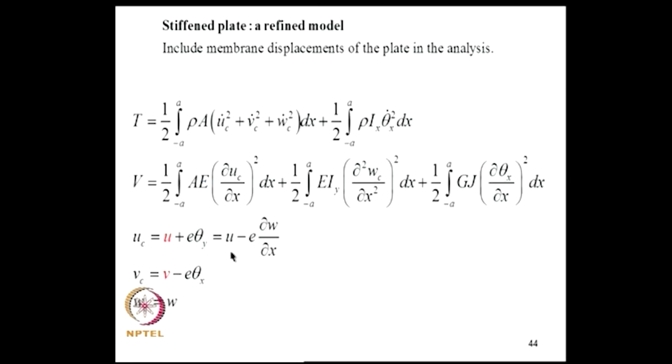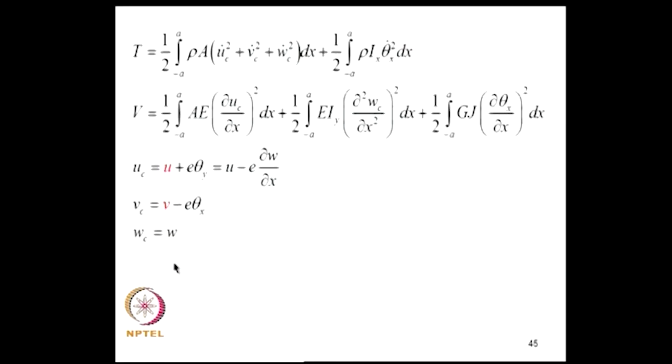Consequently, the form of the Lagrangian will change now. We need to include these new terms. This is the expression for kinetic energy, this is the expression for strain energy, and these are the displacement fields in terms of W, dou W by dou x, theta x and theta y.